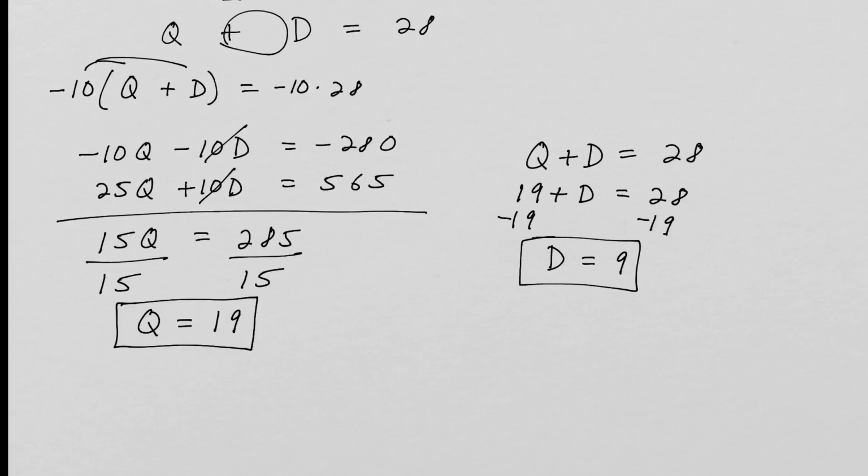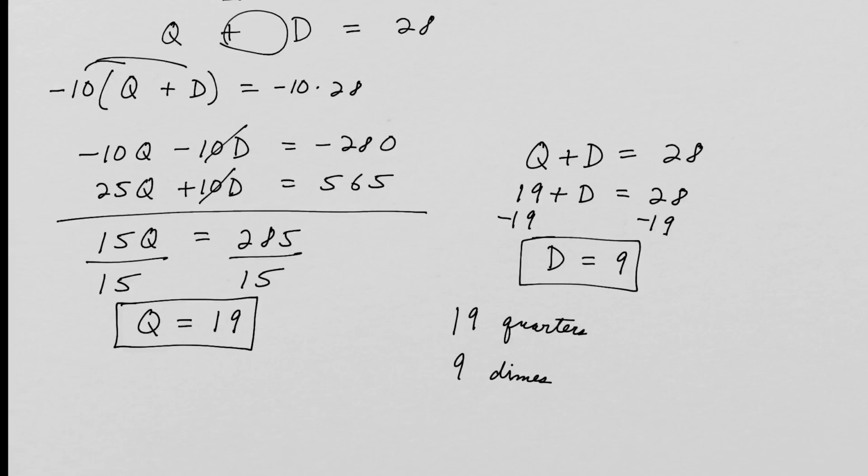So in this case, it looks like Elizabeth has 19 quarters, right? Because remember, q represents the number of quarters, so she has 19 quarters and 9 dimes. And you can check to make sure this makes sense, right?